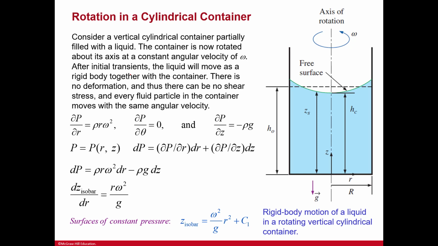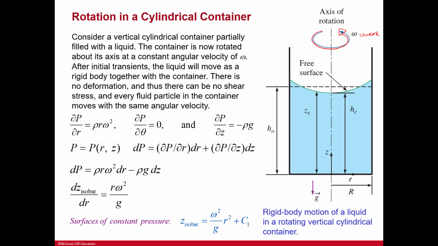Rotation in a cylindrical container. Here we have this axis of rotation, and up here we have work being done by that. Consider a vertical cylindrical container partially filled with liquid.